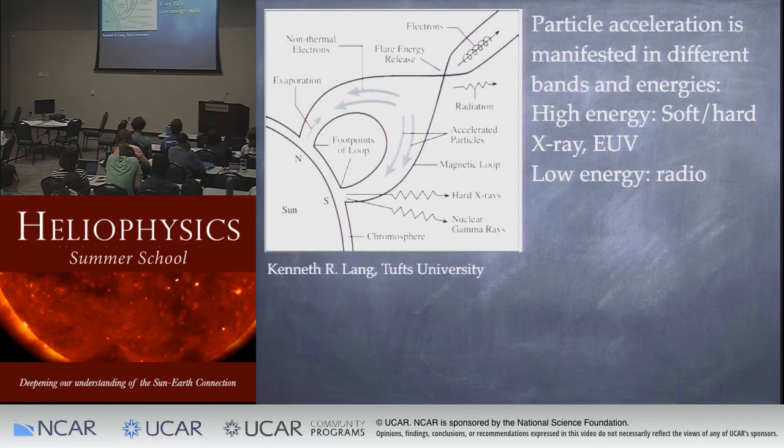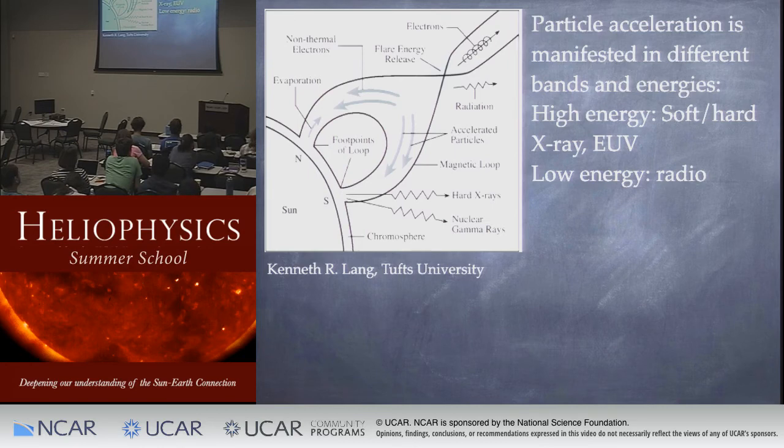And we can observe a significant amount of these emissions to quite high resolution in the sun, but also part of it for stars. So we have emissions that are associated with accelerated particles heating the plasma to different temperatures. Therefore, we get different emissions in different bands. And we have acceleration of electrons that will generate radio emissions in different wavebands.